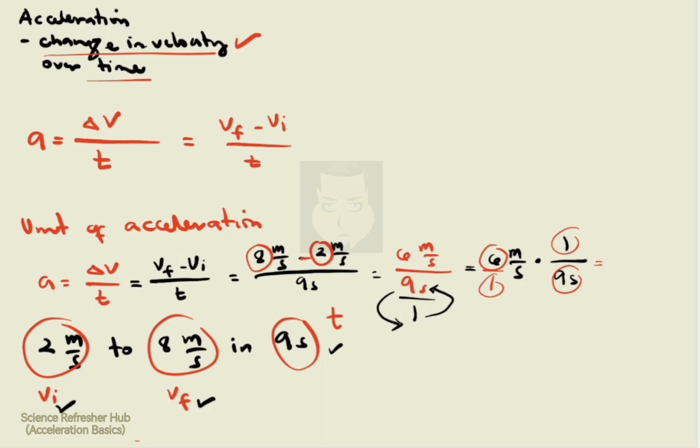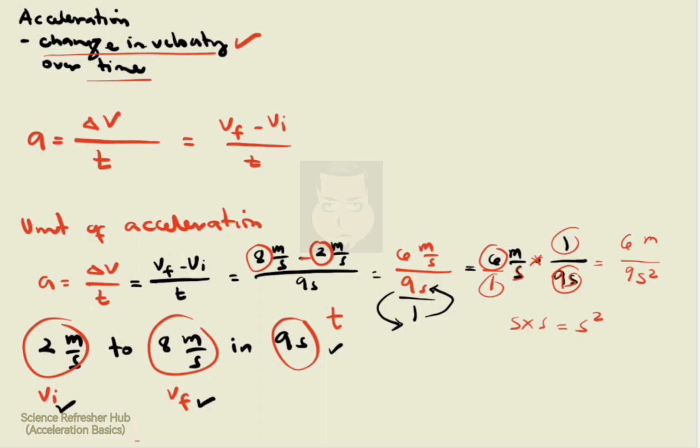So 6 times 1, that's 6 meter, and then 1 second times 9 seconds, so that's 9 seconds times seconds, it will become second squared. So we will divide 6 divided by 9, so you will have the answer.